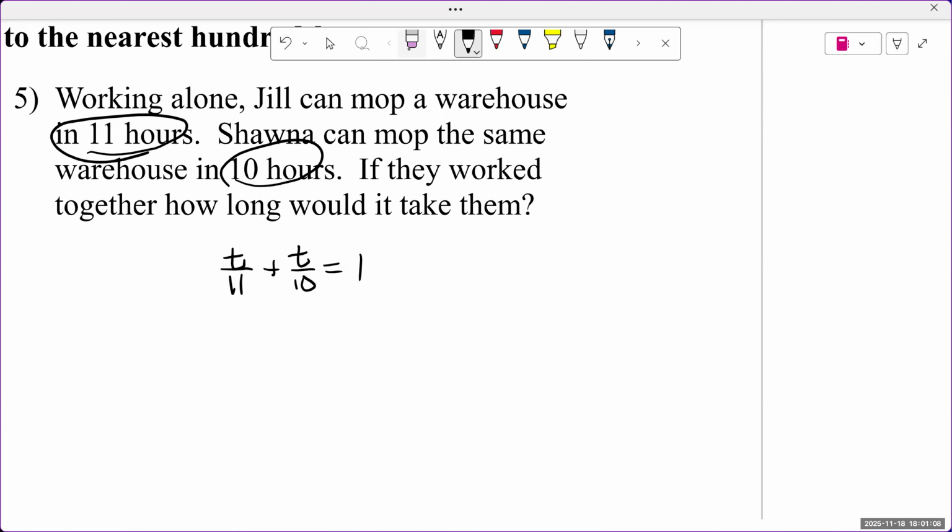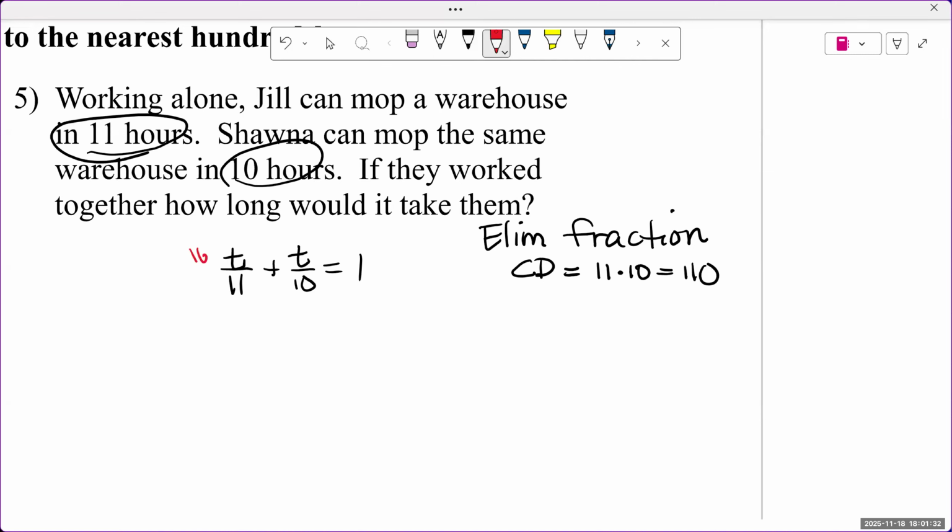Now we're going to solve by eliminating the fraction. The common denominator we're going to get by multiplying the two denominators together. So 110. Multiply 110 to everything on the left and everything on the right.